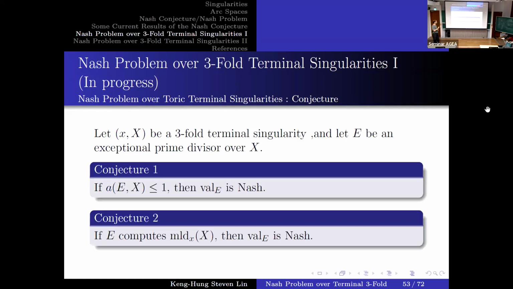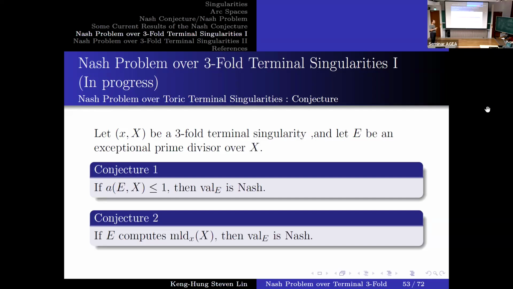So we can propose two potential conjectures. The first one is: discrepancy bounded by 1 implies it is Nash. The second conjecture is maybe much weaker: if E computes the minimal log discrepancy, then the induced valuation is Nash. So are they true?